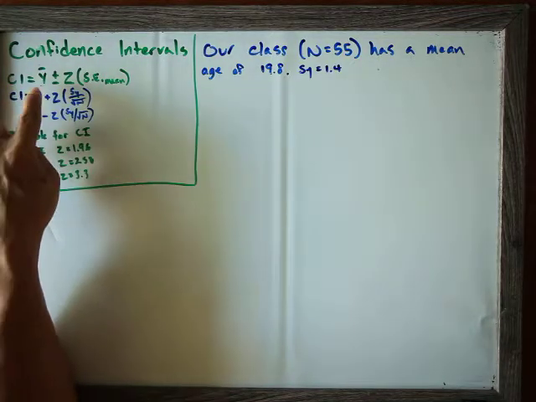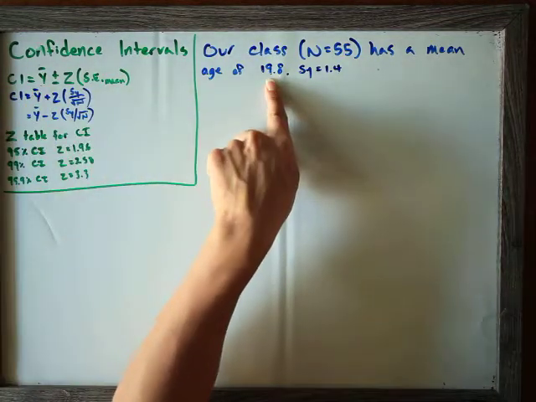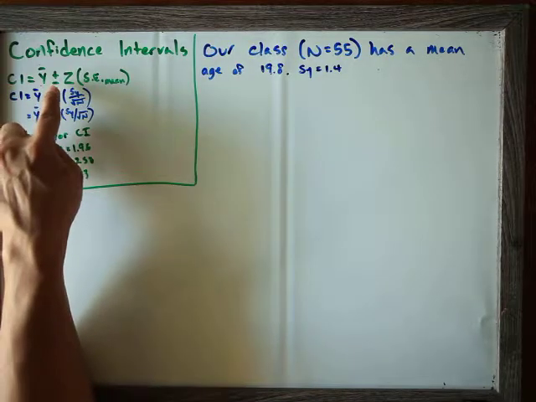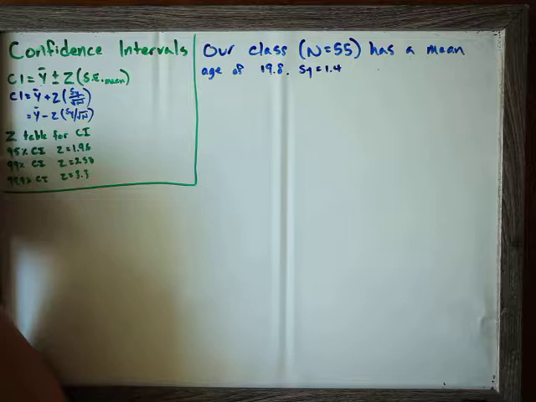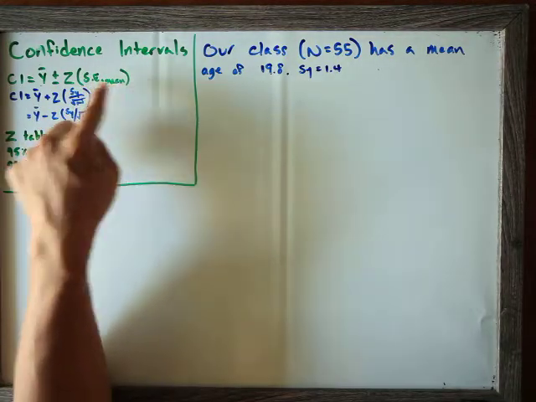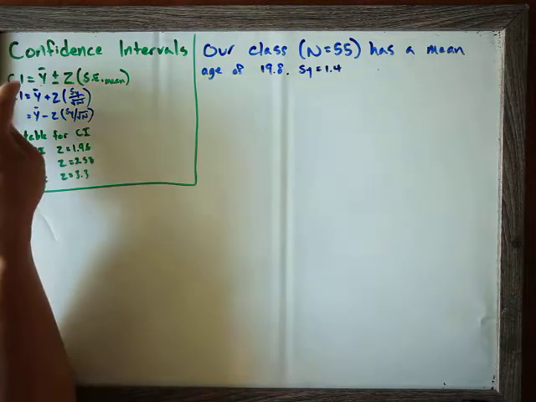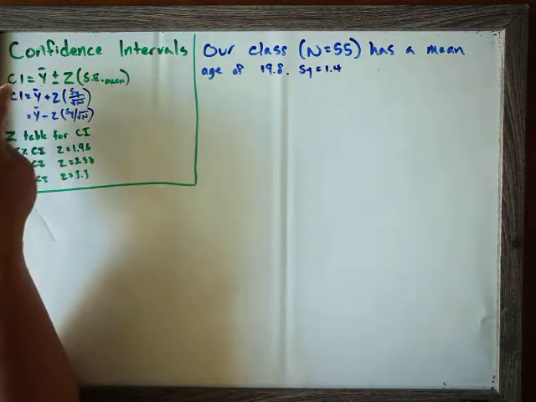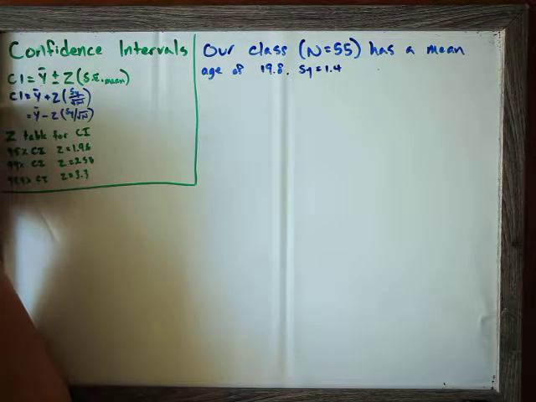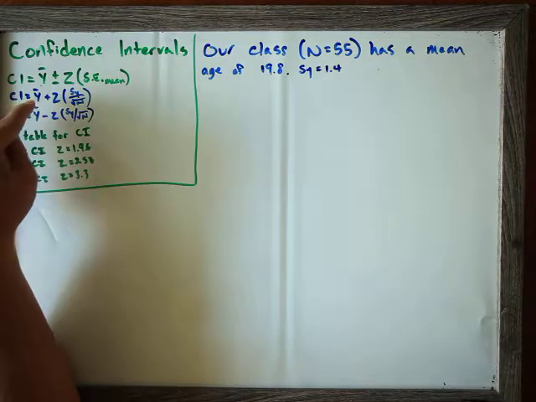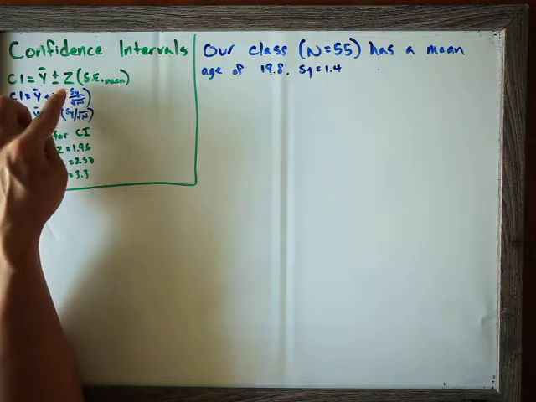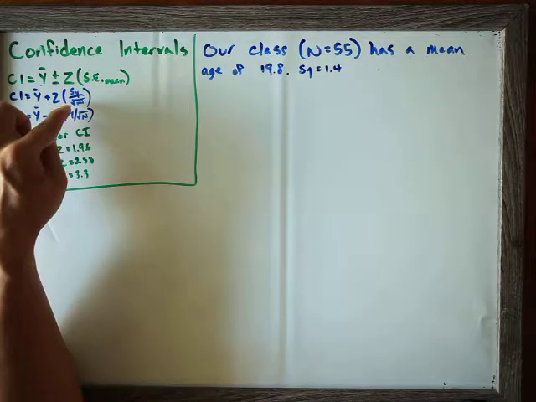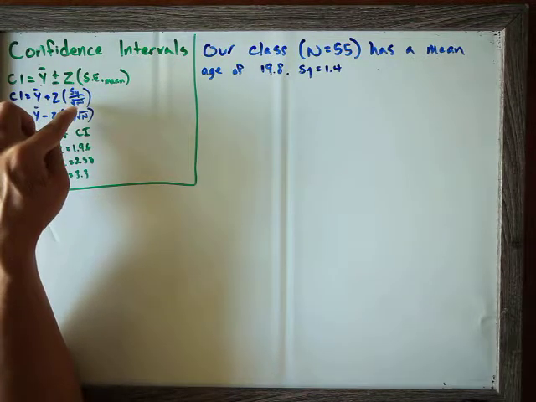It's y bar, which is the mean of our sample, plus or minus z, which is a specific z-score that corresponds to the confidence level that we want, times the standard error of the mean. Written out in a different way, it's these two equations here. We have y bar, the mean, plus z times the standard deviation divided by the square root of the total, which is n.